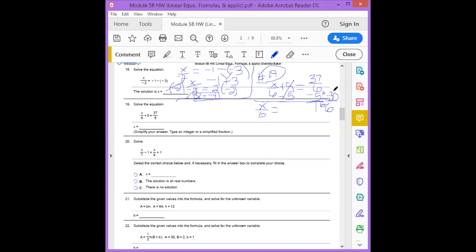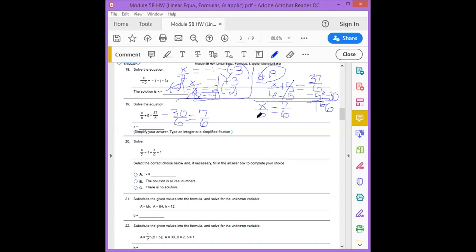So we now have -30 over 6. We can now subtract. So 37 over 6, that was the original fraction, minus 30 over 6 gives us 7 over 6. And that's what we write here on the right side of our equal sign, 7 over 6.